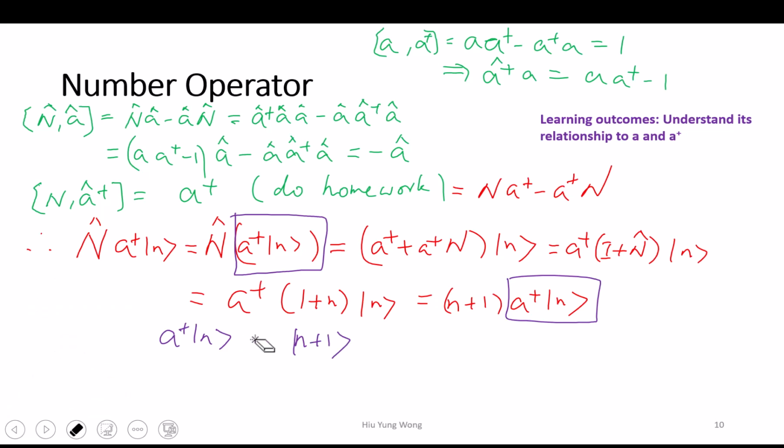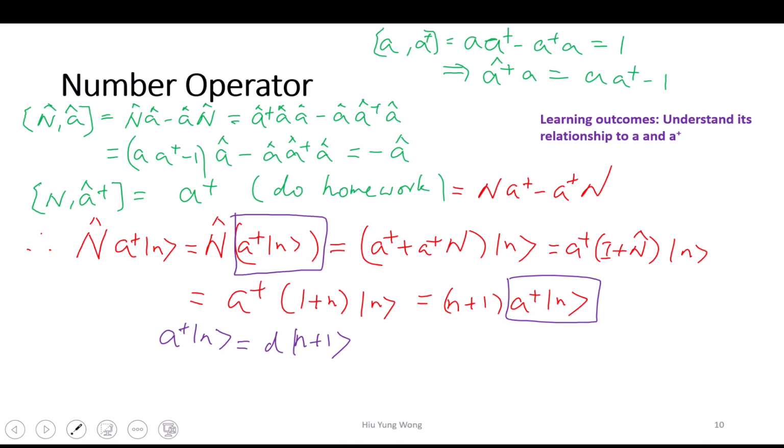Right? I give a number, let me just call it equal to a coefficient times n plus 1. Right? Because it's just like saying that this is a vector, right? Because I apply an operator to the eigenstate n. And then I try to measure it. It gives me back the original vector, which is a dagger n, but with an eigenvalue, which is n plus 1. Then it means this vector must be equal to n plus 1, except that with some proportional constant.